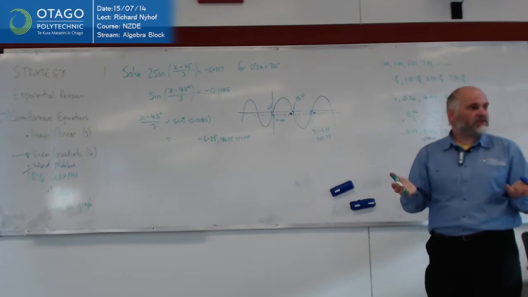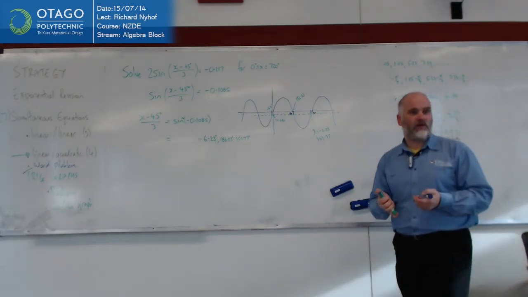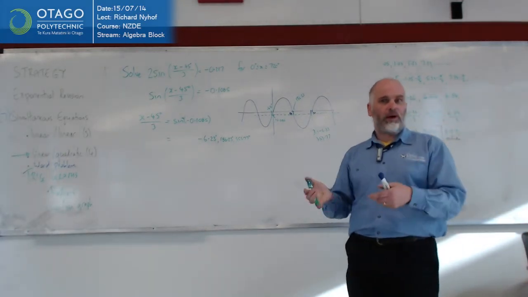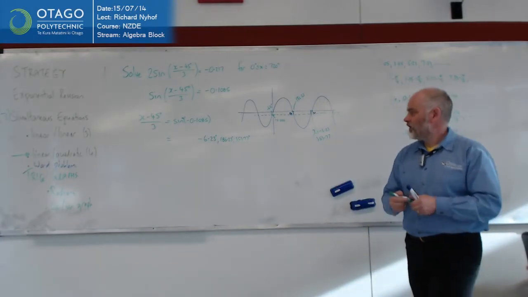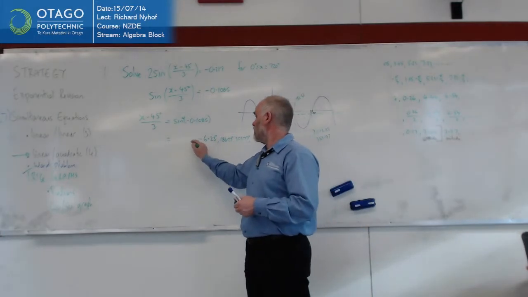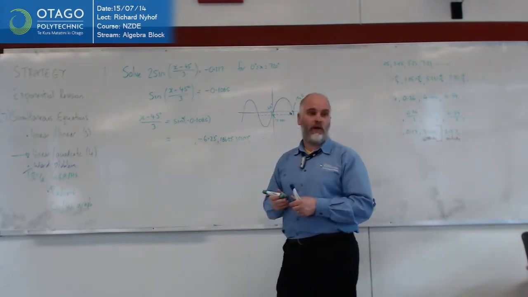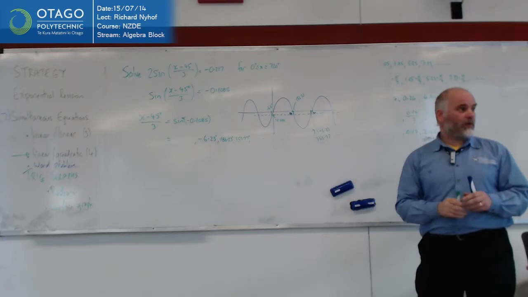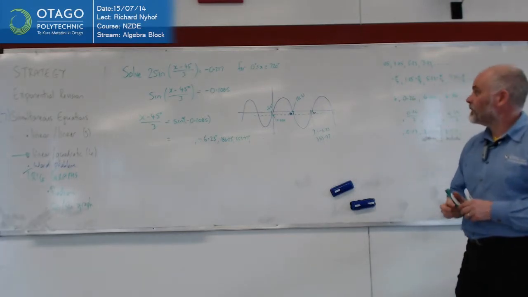Okay, let's leave it there for now. We acknowledge that there are a whole lot more here and a whole lot more there, but at the moment we're just going to go with those ones.